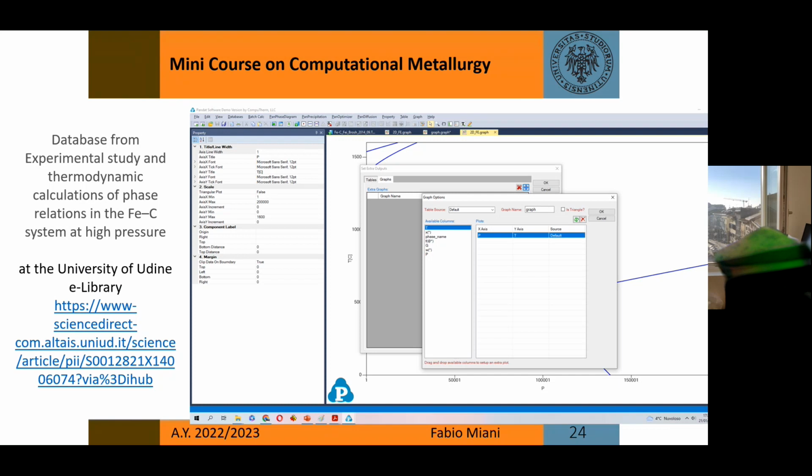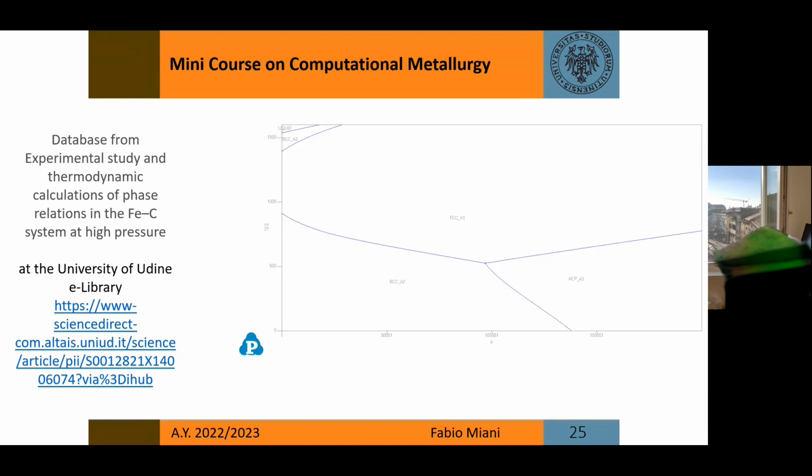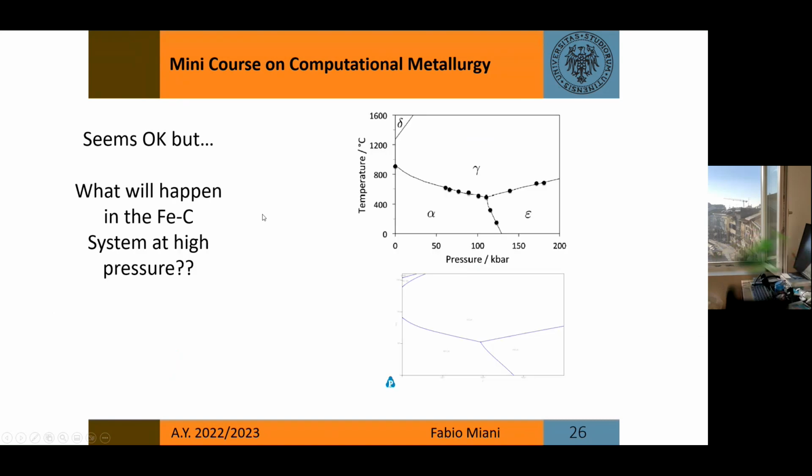So you can select it and produce your own graph, which is not too bad if you compare it with the book or presentation. This is the picture. Unfortunately, it is not so good, but this is FCC, BCC, and HCP. Sometimes I'm switching to Italian. So epsilon for HCP, alpha there, and gamma. Quite good.